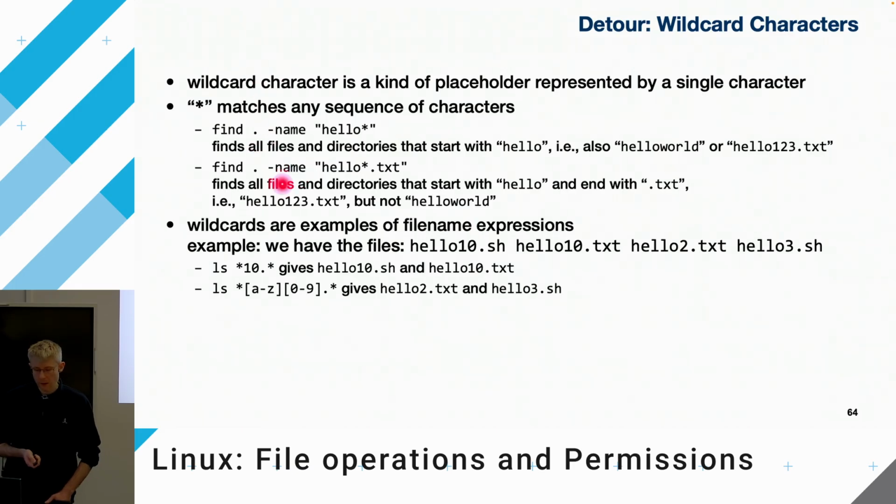And there are some other expressions that you can use, for example, with a set of characters. And there is a way to use these kind of wildcard characters also with your normal shell, not as an argument to find, but simply as a part of file names. They work kind of similar, but you have to be careful.